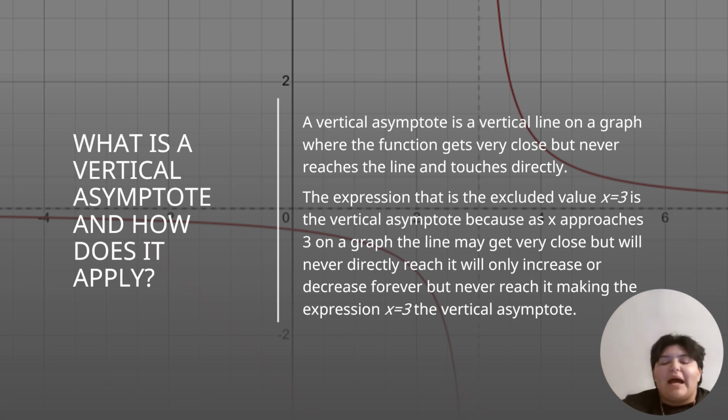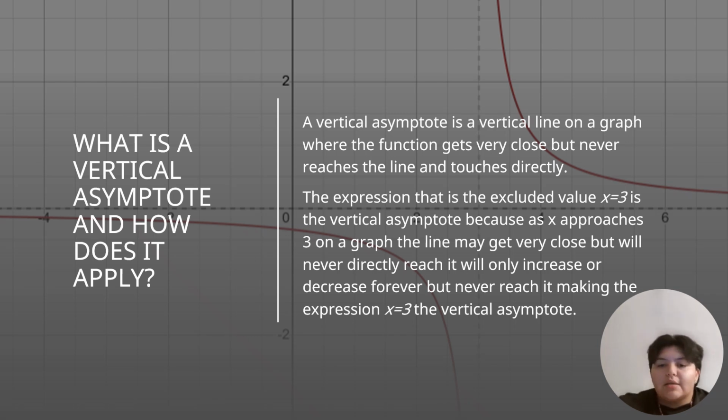Here in the background is the exact graphing of the asymptote x equals 3, which in this function is that excluded value.